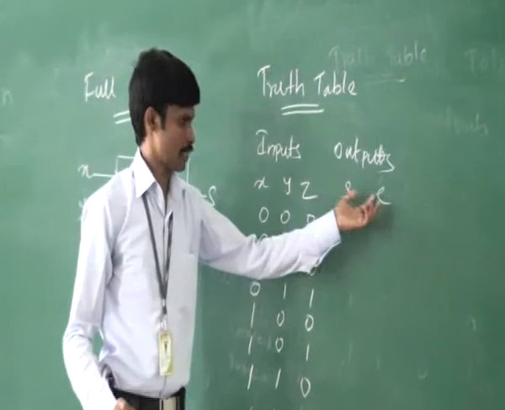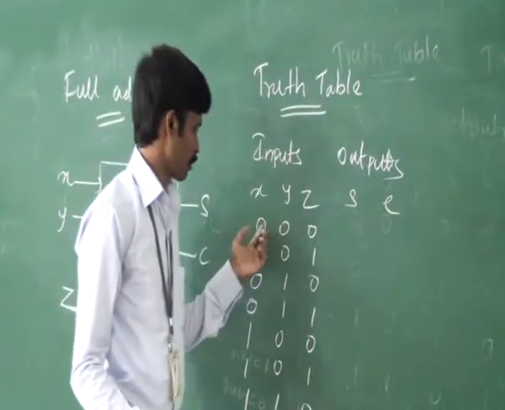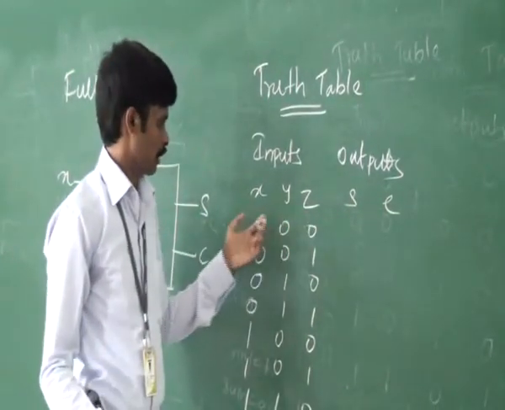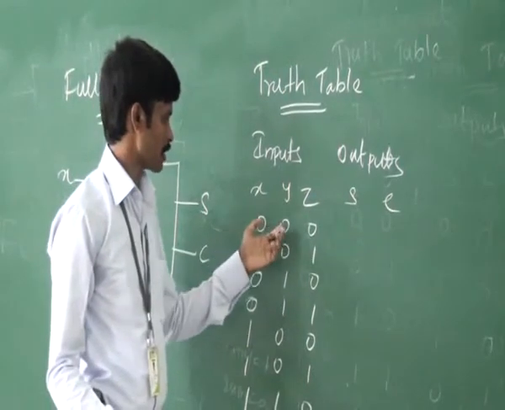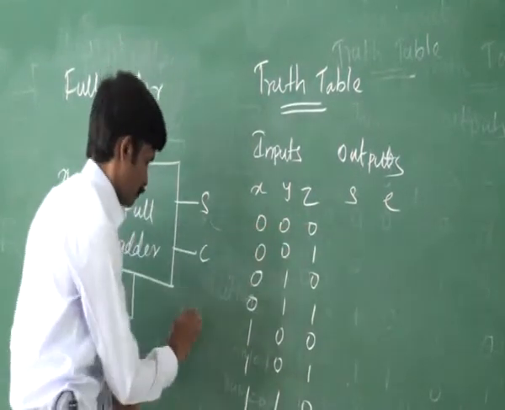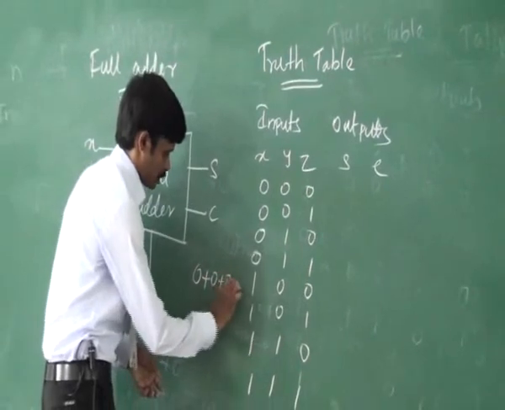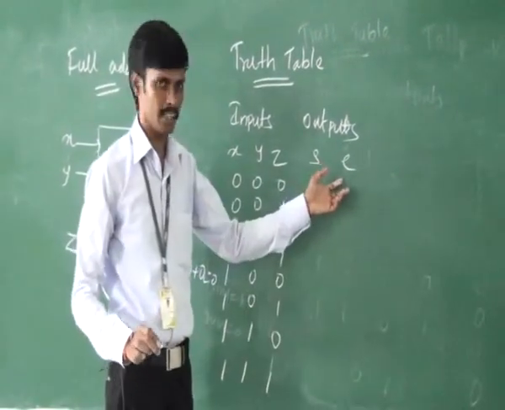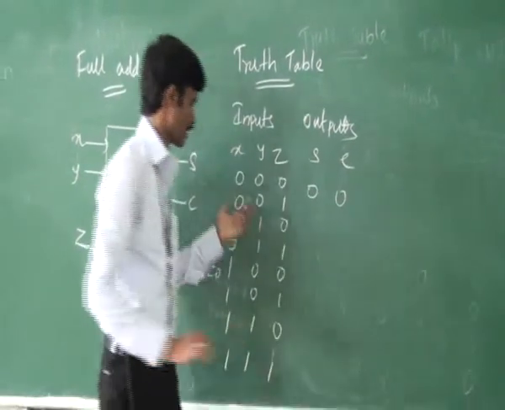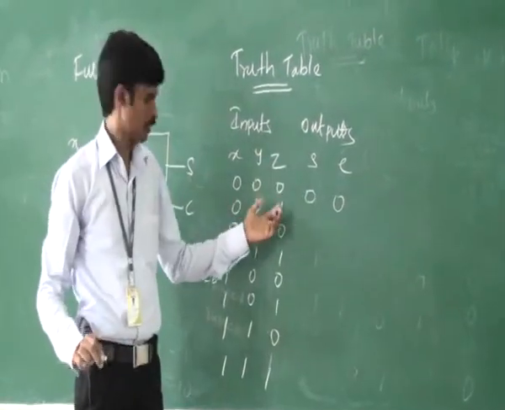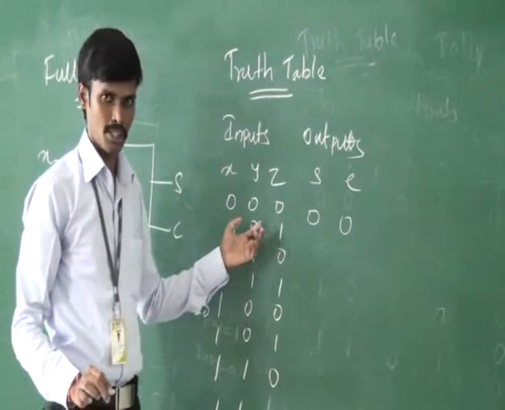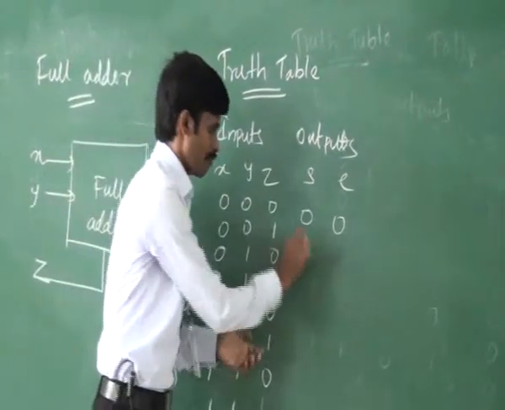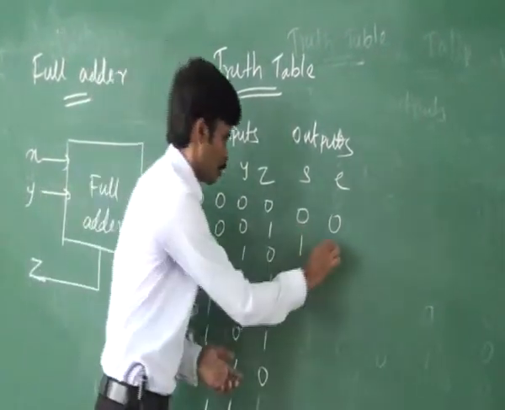Here the outputs are S and C. The first combination is 0 0 0, then 0 plus 0 plus 0 is equal to 0. Then the sum will be 0, there is no carry, so the carry will be 0. The second combination is 0 0 1, 0 plus 0 is 0, then 0 plus 1 is 1. Sum will be 1, then the carry will be 0.